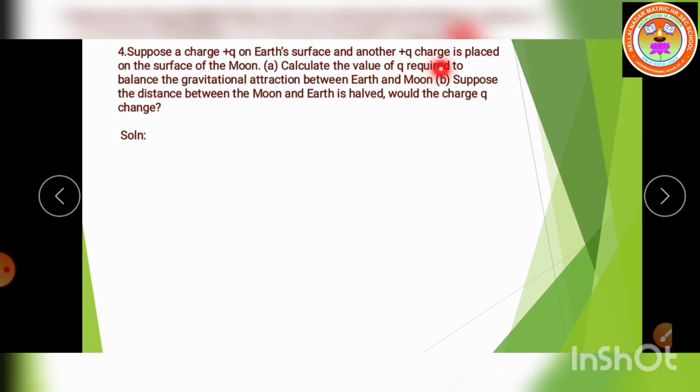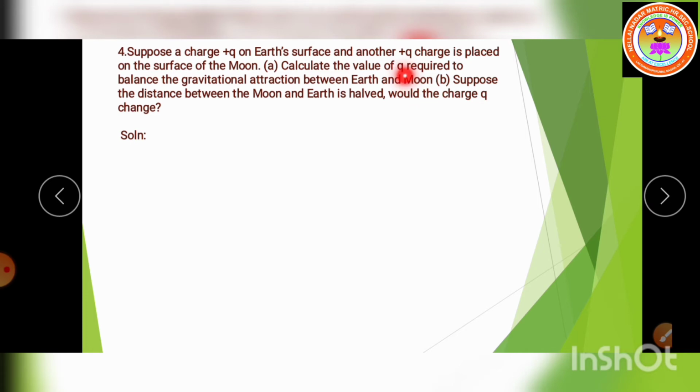Q required to balance the gravitational attraction between the Earth and the moon. So between the Earth and moon, listen, there are two forces acting, the gravitational force and the Coulomb force.